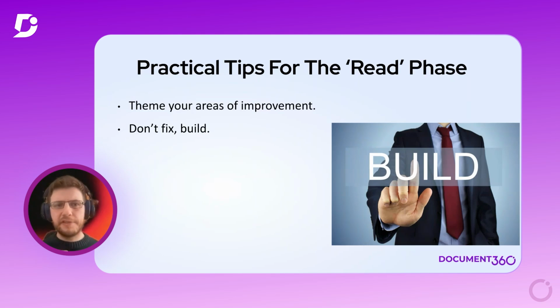And then that will give you a nice way to break down this read phase to an even more granular level. And theming your problems and prioritizing them lets you hit them one by one by one. And something that I will always say is, don't fix, build. So if you're thinking, okay, we're having major problems with consistent terminology, spelling, grammar, okay, let's implement a style guide and an automation that automatically checks our documentation, and build it into a process.